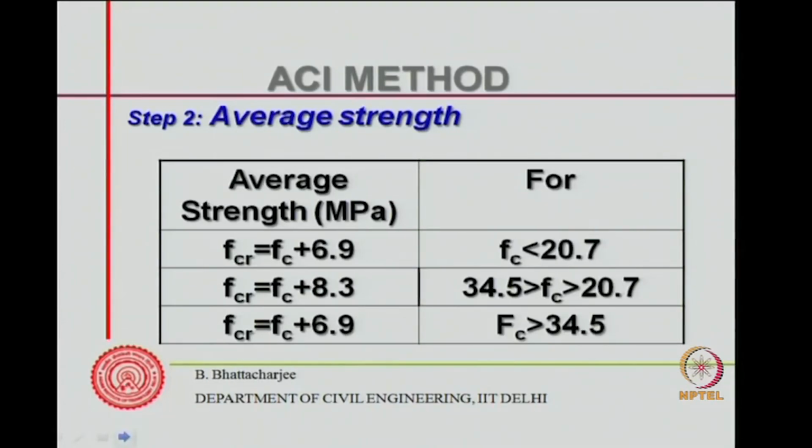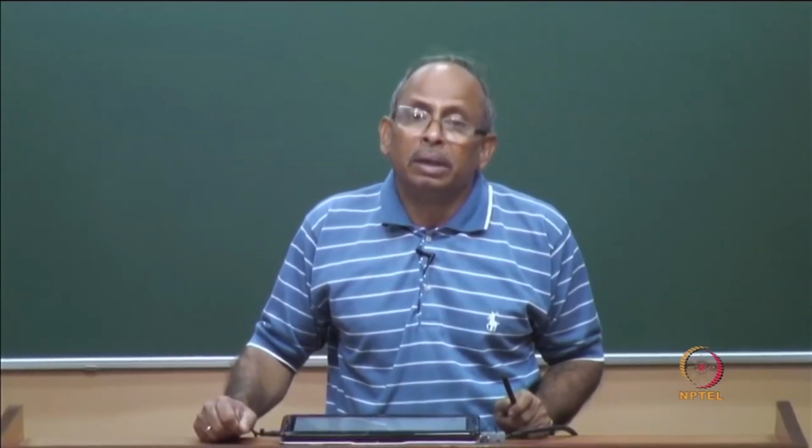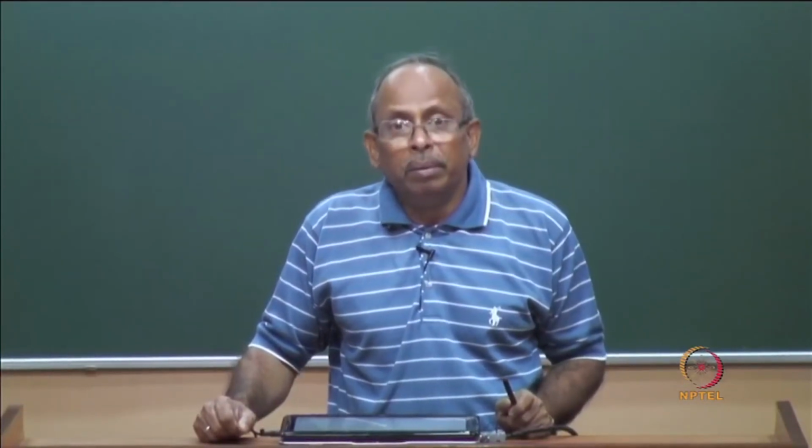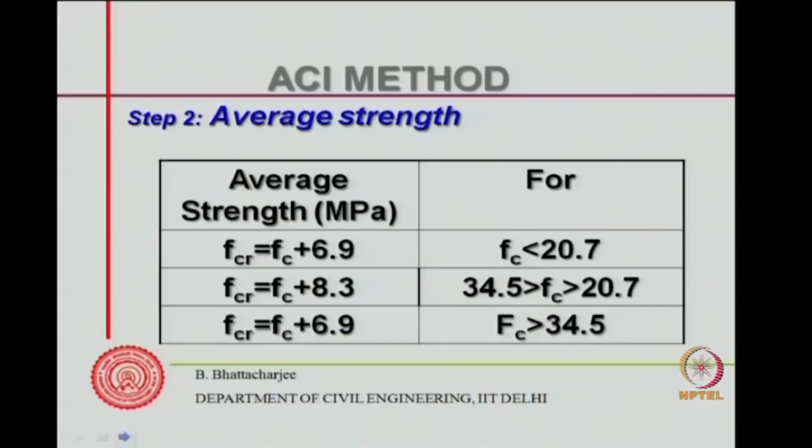First of all, it says that from 30 consecutive results you can determine the standard deviation, and if it is not available, then you take the average strength FCR as FC plus 6.9 when the characteristic cylinder strength is less than 20.7.